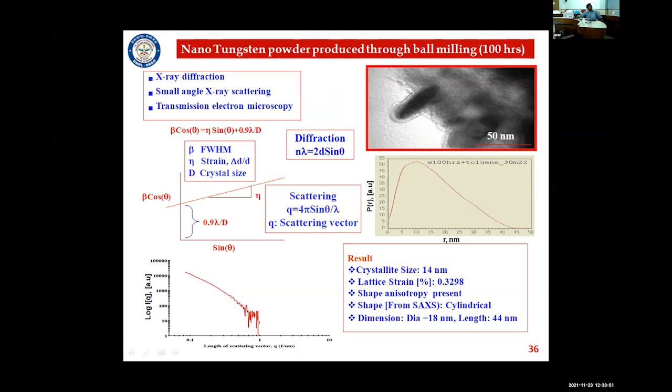Using all three techniques, X-ray diffraction determines the crystallite size, small angle X-ray scattering gives the particle sizes and shapes, and TEM also gives the size and shape of the particles. Like this, we can characterize nanopowders using all three kinds of equipment.